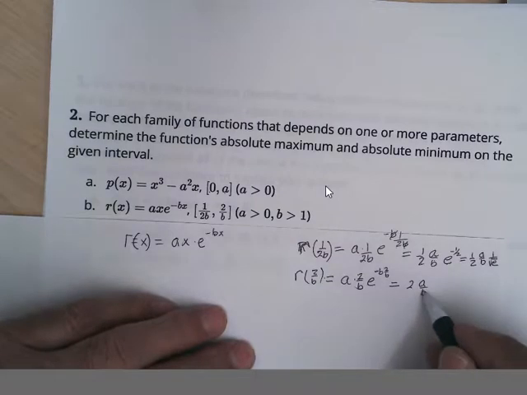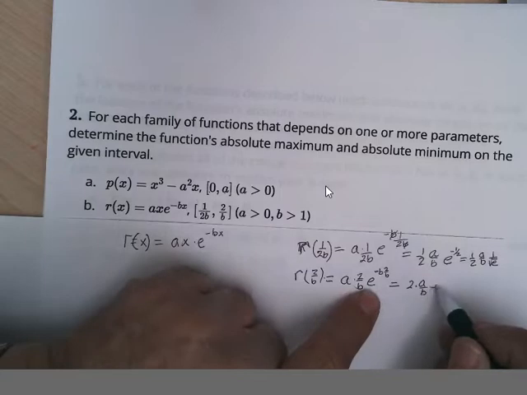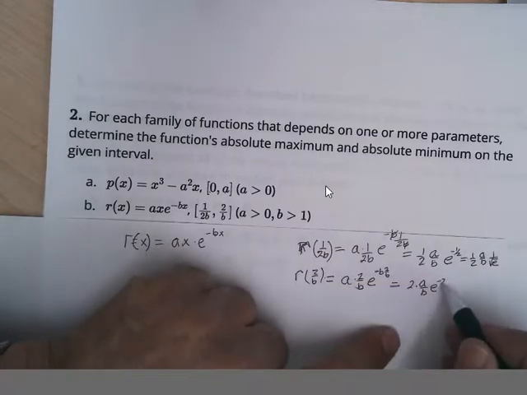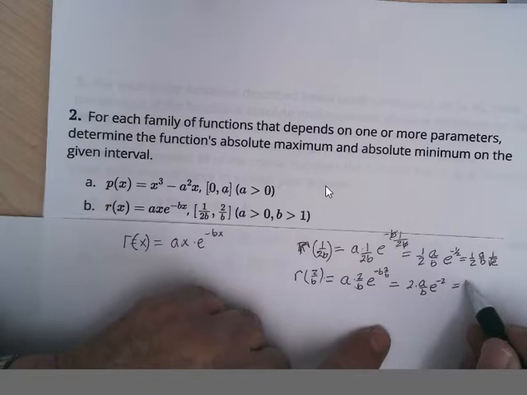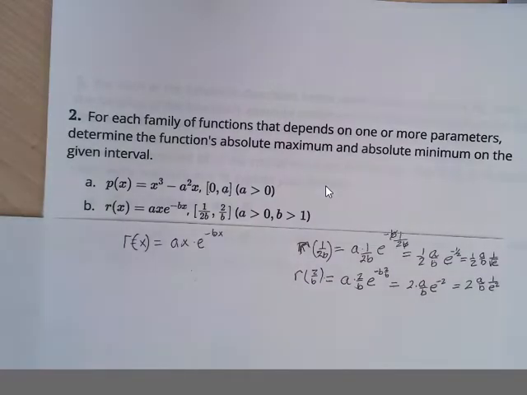See, matching up, so I'm trying to make it look the same here. And the b's cancel and we get e to the minus 2, which means we have 2 a over b times 1 over e squared.